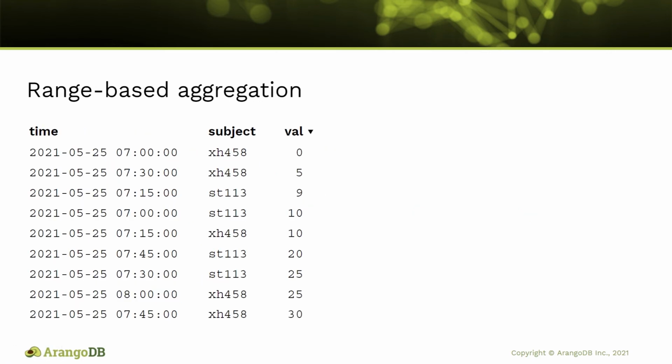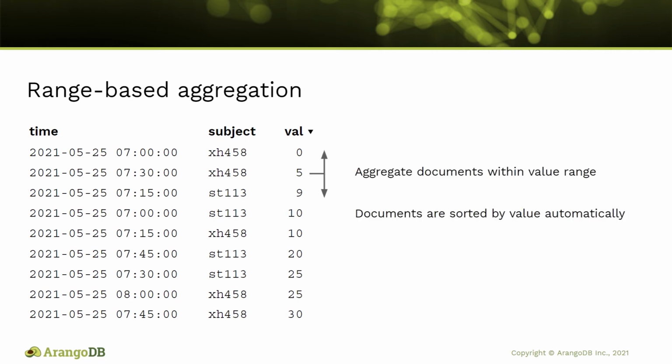In range-based aggregation, there is no window based on adjacency, but using a value range to aggregate documents. And what's noteworthy is that unlike with row-based aggregation, there's no need to explicitly sort by the value attribute because this happens automatically.